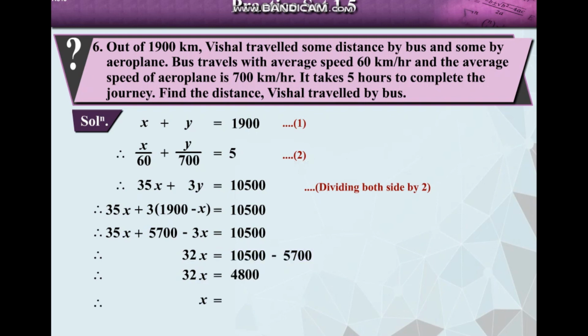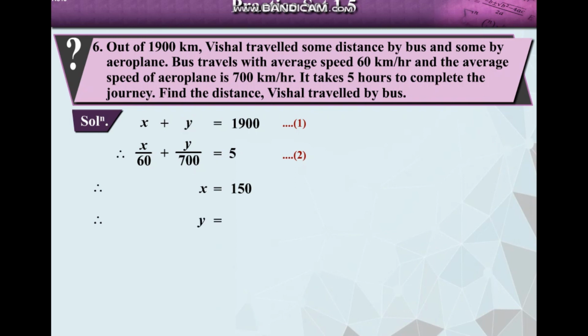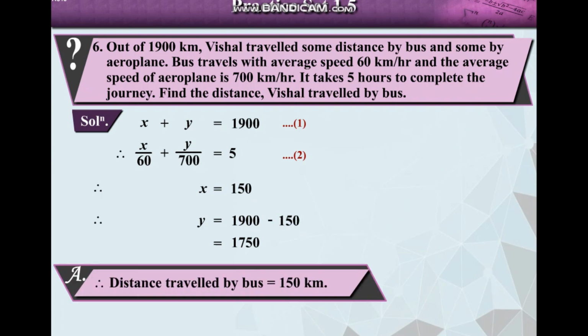Therefore, x = 4,800 upon 32. Therefore, x = 150. Therefore, y = 1,900 - 150 = 1,750. Therefore, the distance travelled by bus is 150 kilometers.